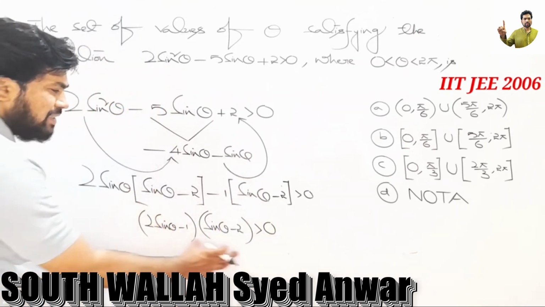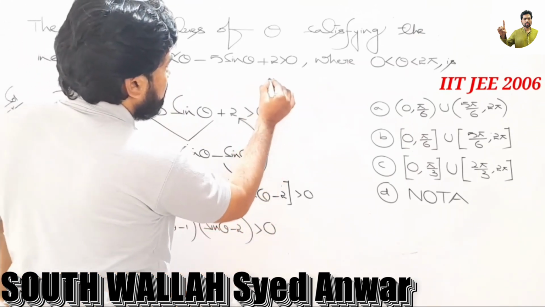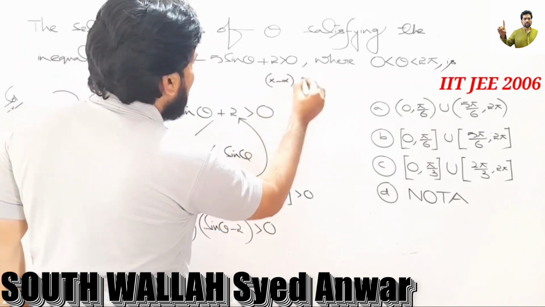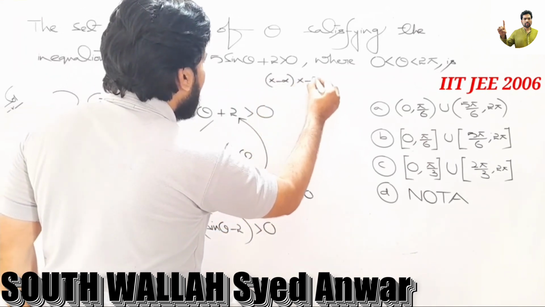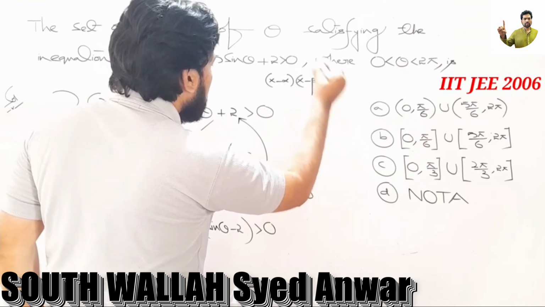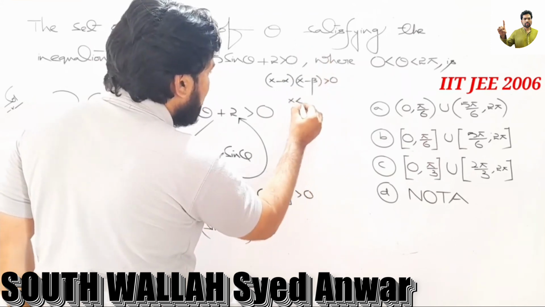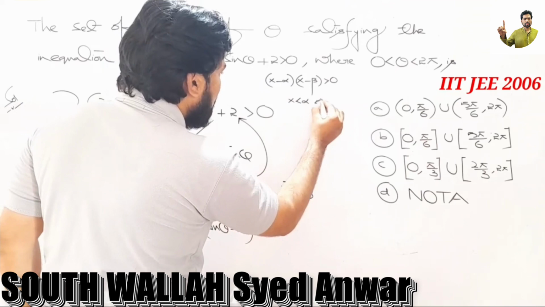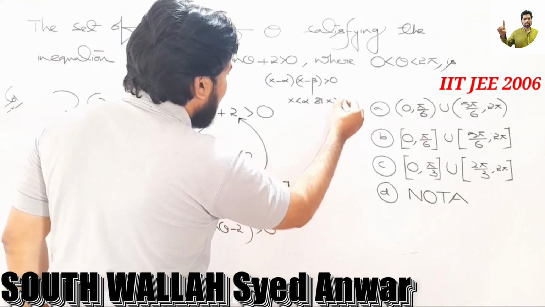Now it is clearly of the form x minus alpha into x minus beta greater than 0. That means how can we write it? x less than alpha or x greater than beta.